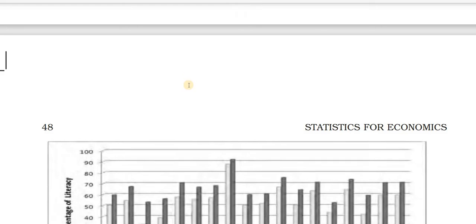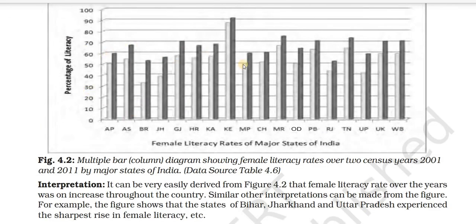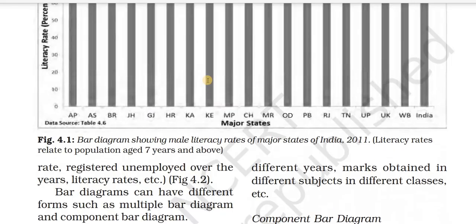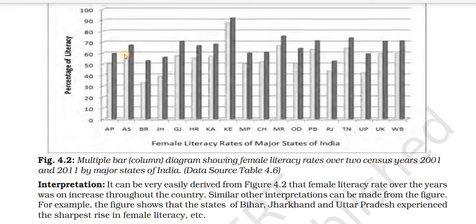If we draw like this, two components are there: male literacy rate and female literacy rate. We mark the male rate, and then the female literacy rate. What is the rate here? It is 59.6 here and 50 here. Like that we can mark the data.